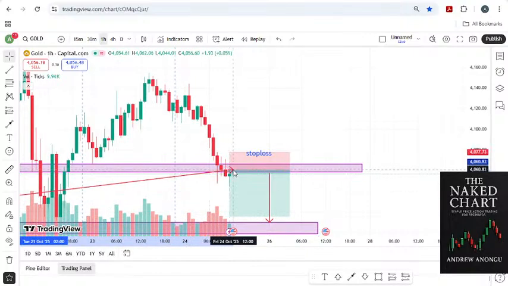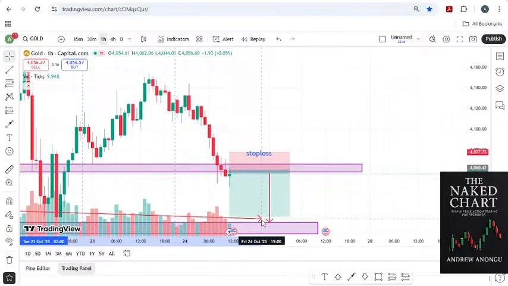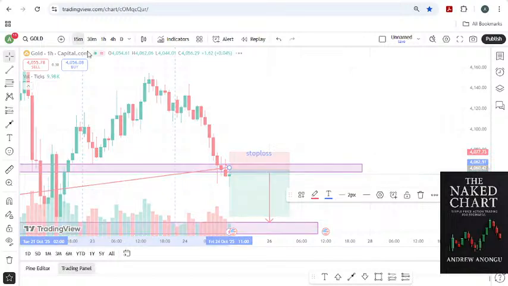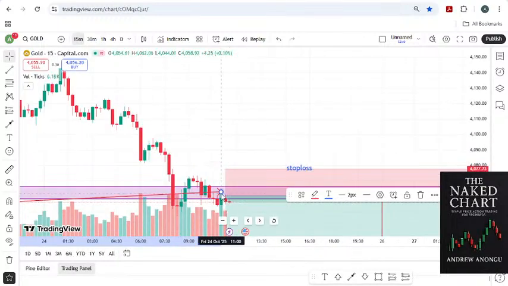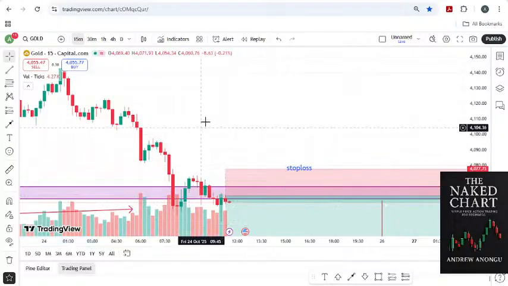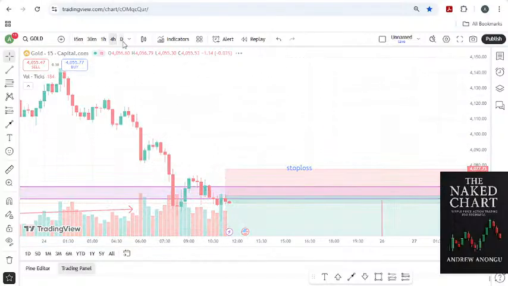So we expect to sell at this level, stop loss above for a continuation down. Let's scale down to the 15 minute and see whether we have gotten our rejection. As I said, the volume is a little bit lower now, but we expect that during or before the New York session open, the momentum will kick in and price will continue down. So that's the analysis for today.